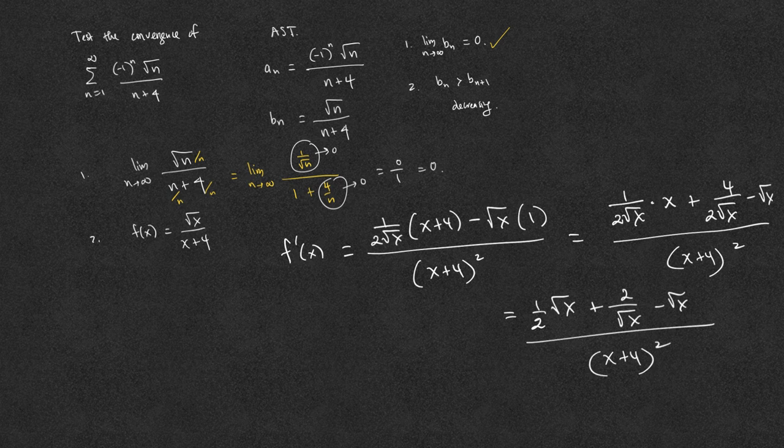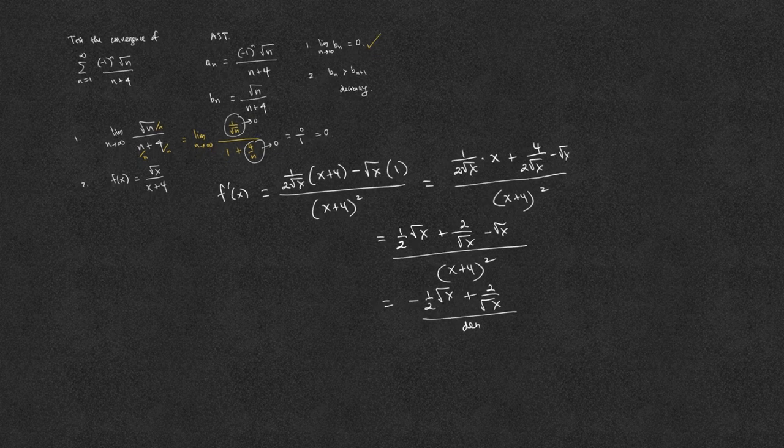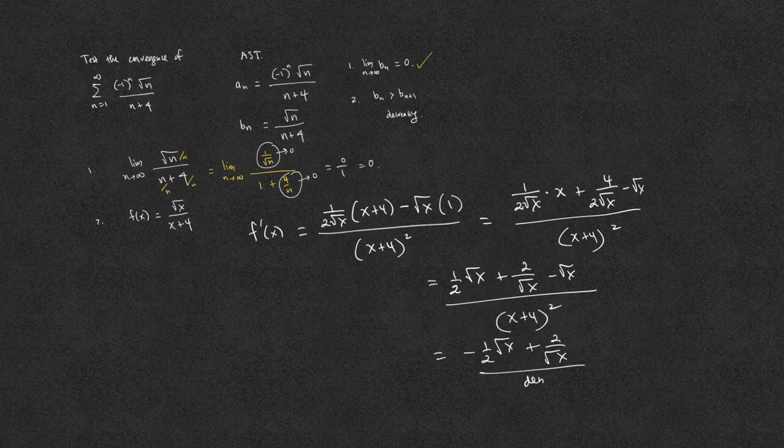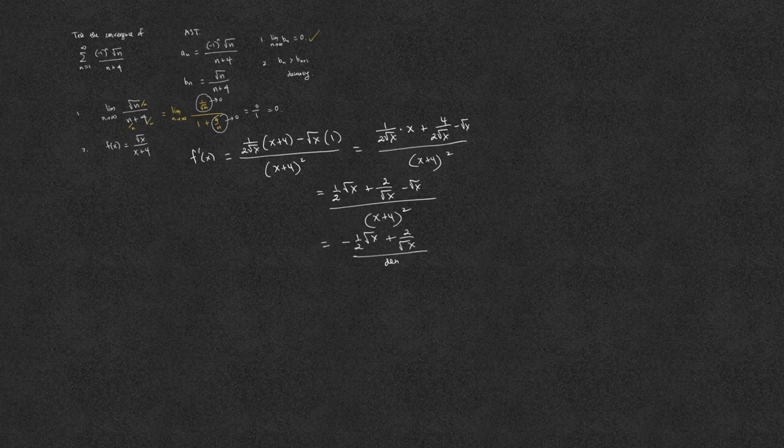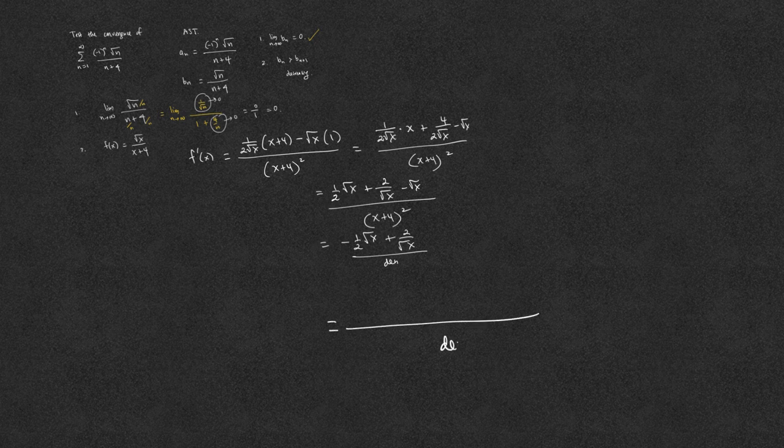Negative 1/2 root x plus 2 over root x, over the denominator. The denominator is positive, so we can simply ignore it. The goal is to show that this derivative is negative so that the terms are decreasing. We would then rewrite this.